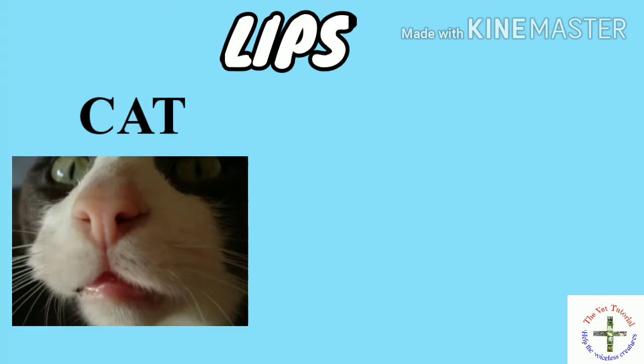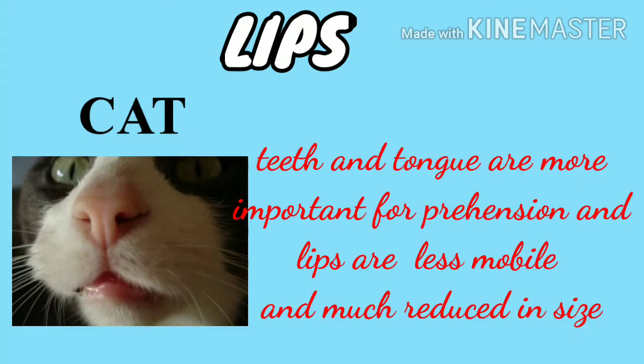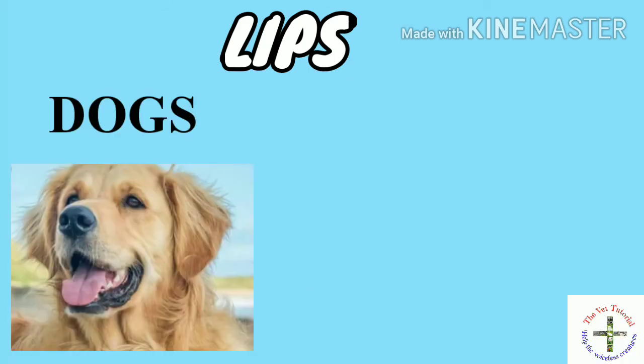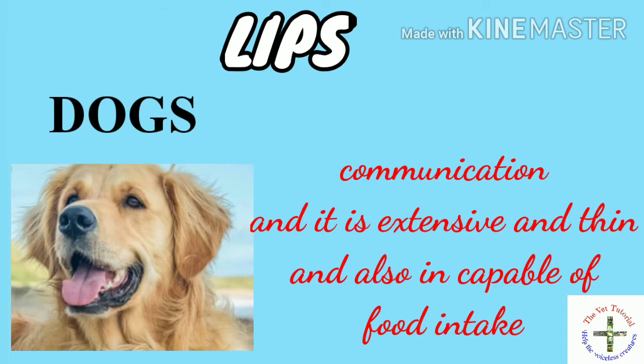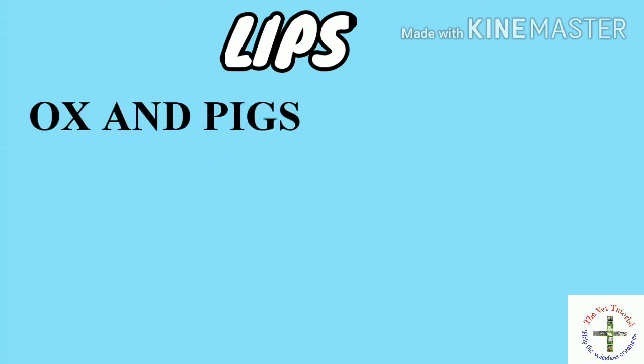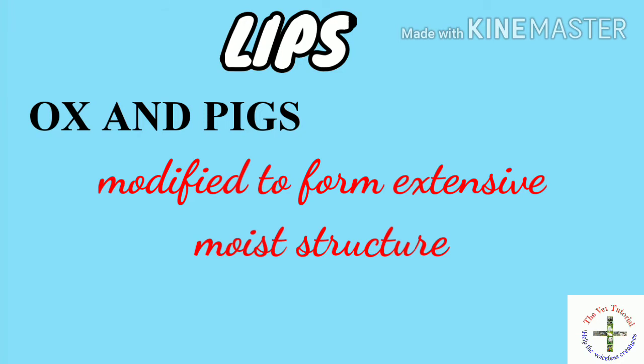And in cats, the teeth and tongue are more important for prehension than the lips. The lips are less mobile and much reduced in size. And in dogs, the lips are important for communication and are extensive but thin, and also incapable of food intake. Then in ox and pigs, the upper lip is modified to form an extensive moist structure.